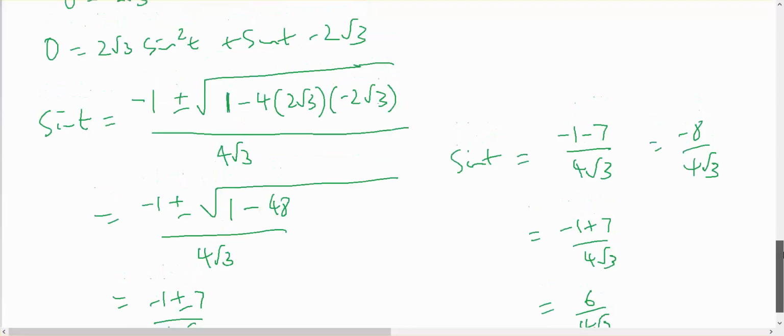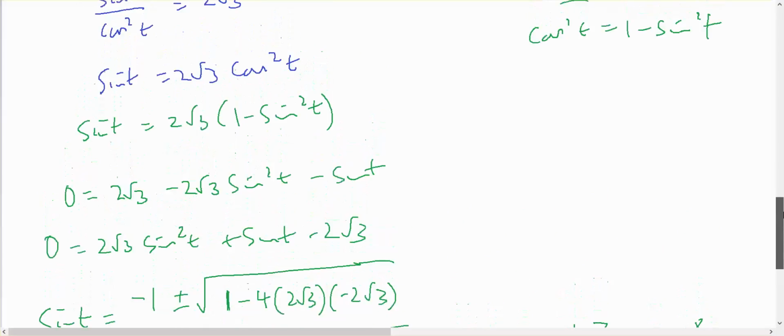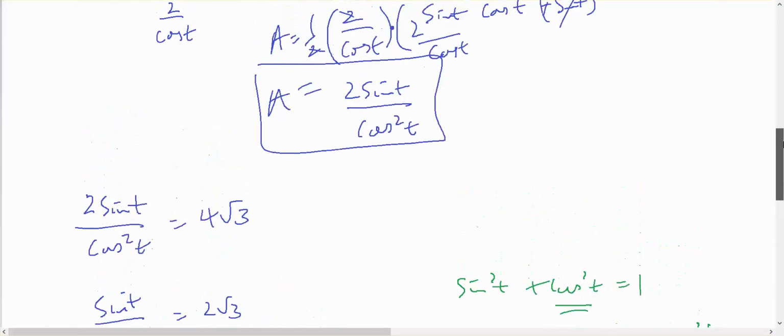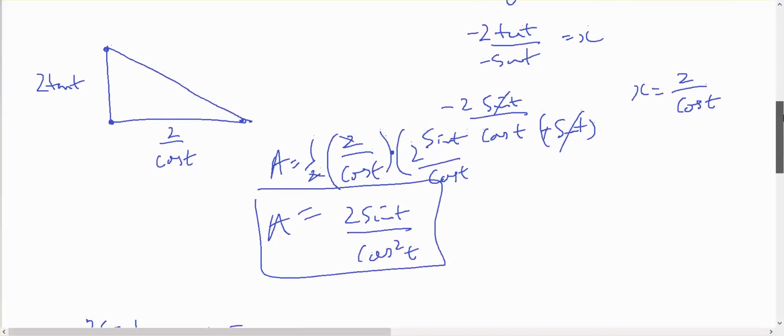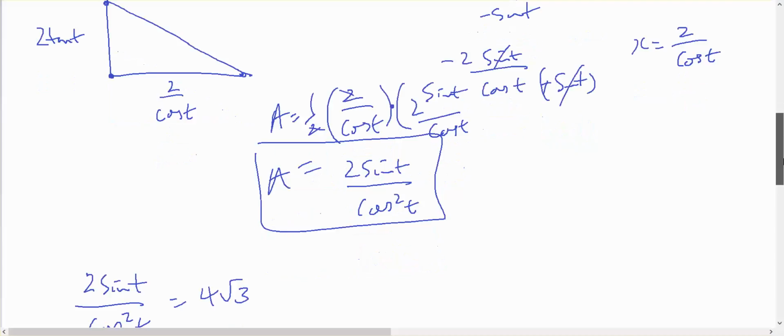Given that I've got positive answers here, the sine of t has to be positive because I've got areas of triangle.